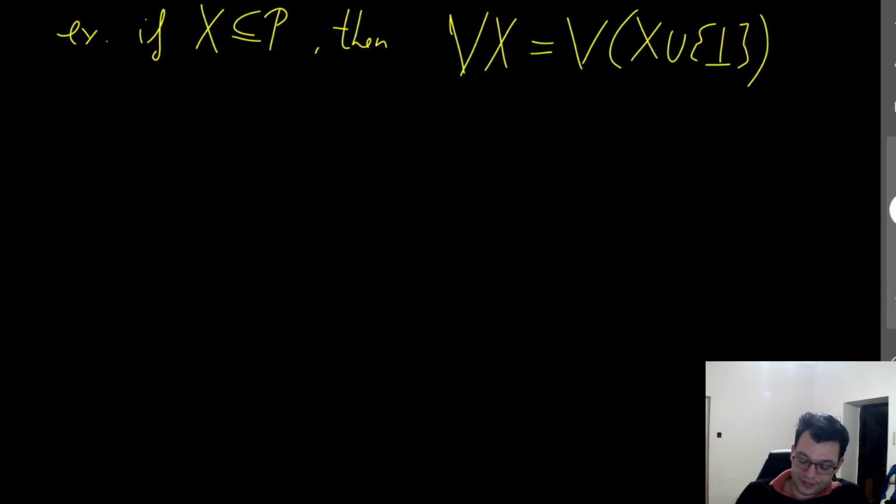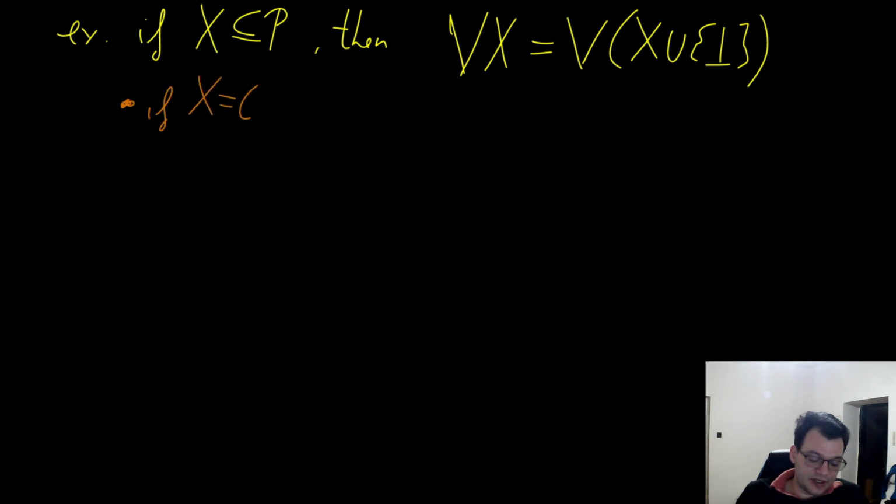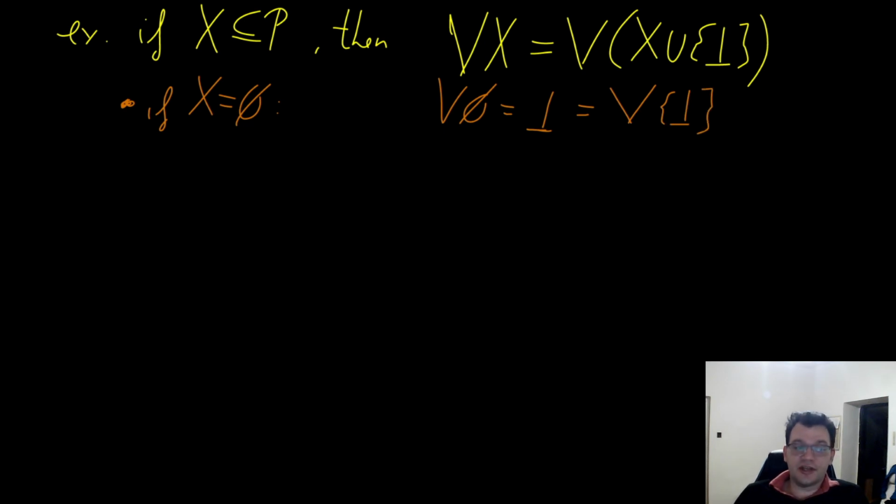That's a statement, and it's a consequence of the statement on the previous slide, because there are two cases. If X is the empty set, then what we have here is the supremum of the empty set, which is the bottom element. We've already seen this. And if X is empty, then I'm just inserting the bottom element into it, so it's just the supremum of a singleton set, and the supremum of a singleton set is always the element itself which is in the set.